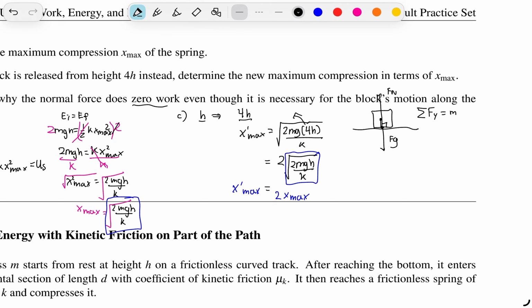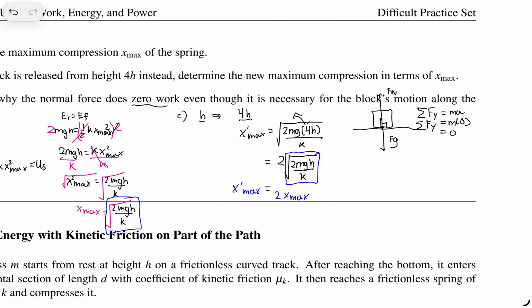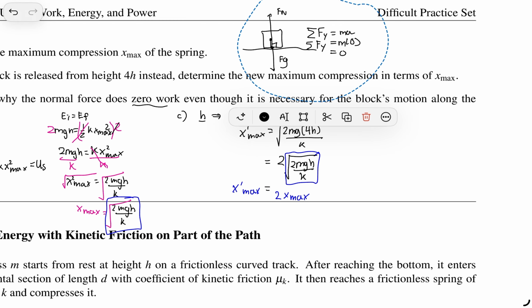Your sum of Fy is equal to ma. However, you have zero acceleration in the vertical direction, so your summation of forces in the vertical direction is equal to 0. These forces only prevent the block from going through the surface. They don't move anything in the horizontal direction because your vertical and horizontal forces are completely separate from one another.